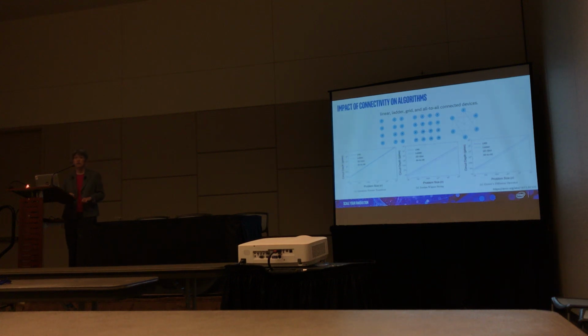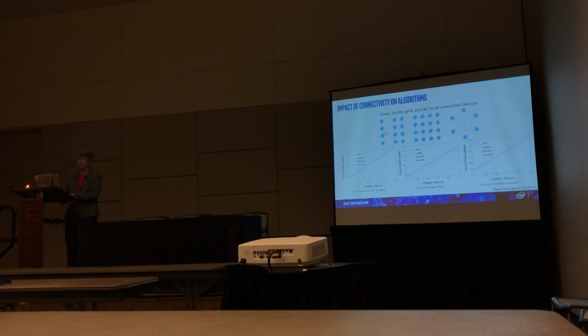We've also done some analytical studies on the impact of the qubit connectivity on the execution time of the algorithm. Here we've looked at 3 representative workloads: quantum Fourier transform for factoring, Jordan-Wigner for chemistry and materials, and Grover's for search. In the upper panel, the blue dots are qubits, and the lines between them are ones where you can do a 2-qubit gate.